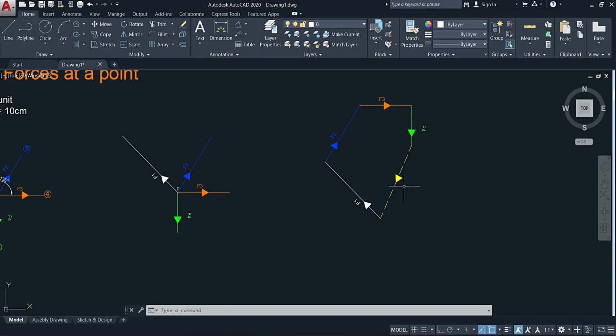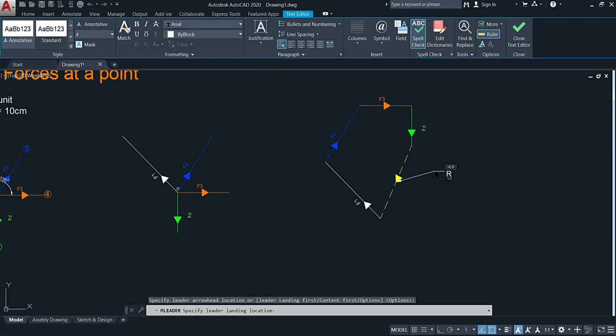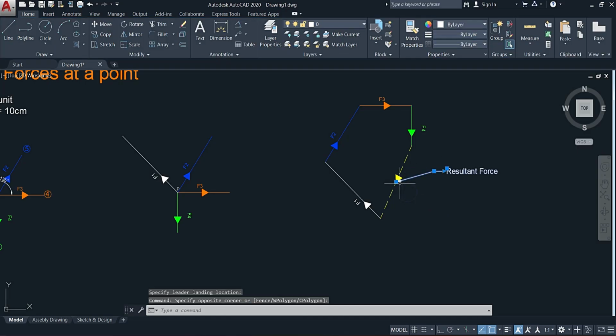All right, this line here is your resultant force.